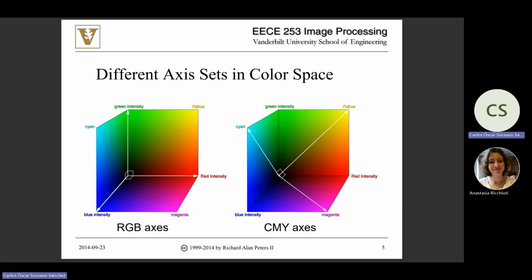So now you could define unit vectors in these directions. So instead of using these coordinate bases, you can use these coordinate bases, and reaching a point in this cube would be the same if I give you the instructions in red, green, and blue, or I give you the instructions in yellow, cyan, and magenta.